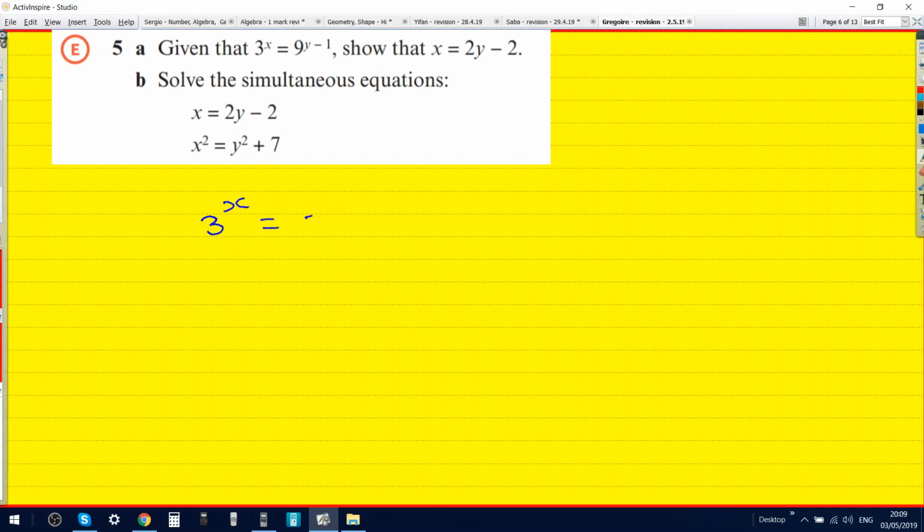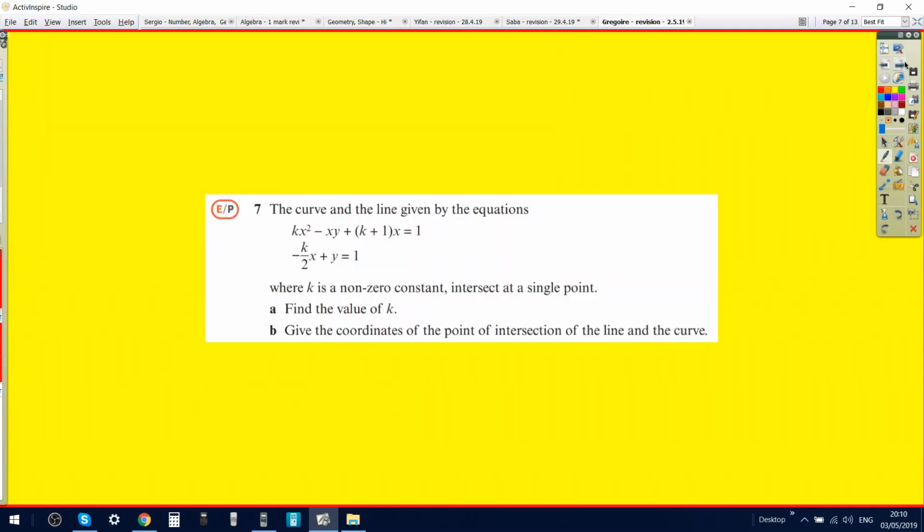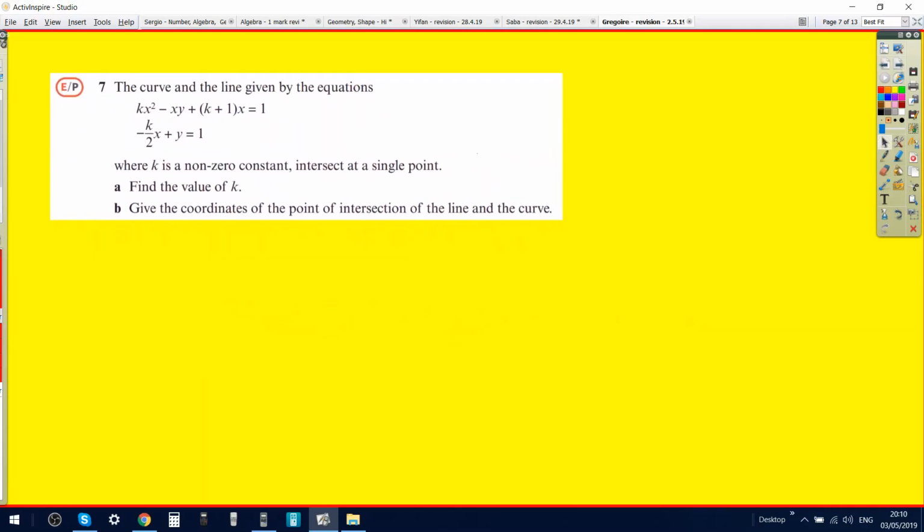So then x equals 2y minus 2. Therefore, x is equal to 2y minus 2. Yeah, you've shown that. And then the second part is simultaneous.